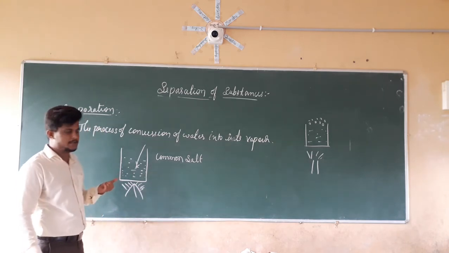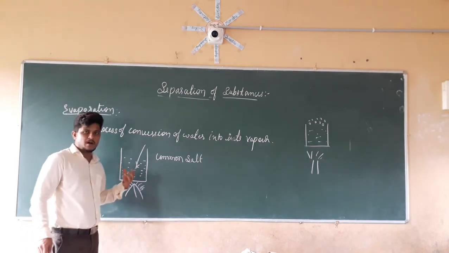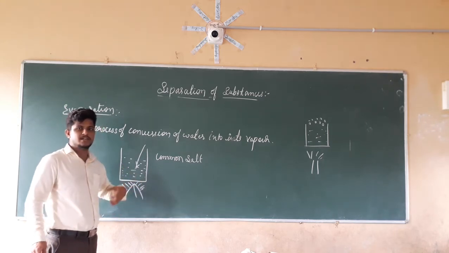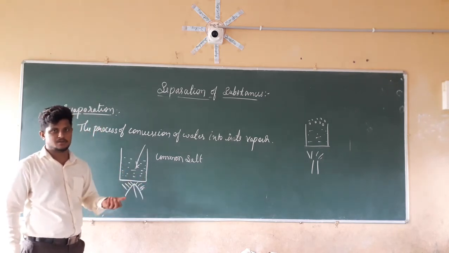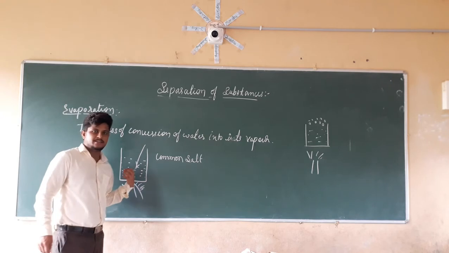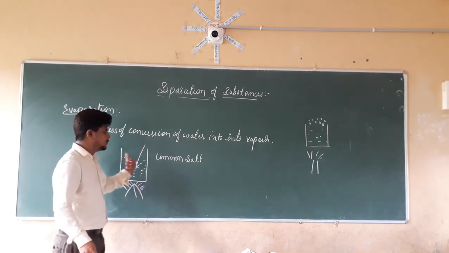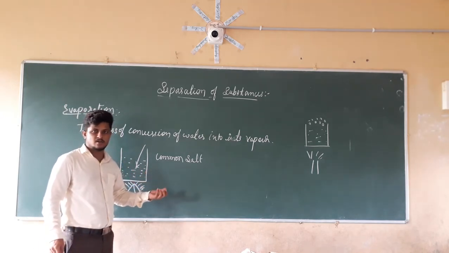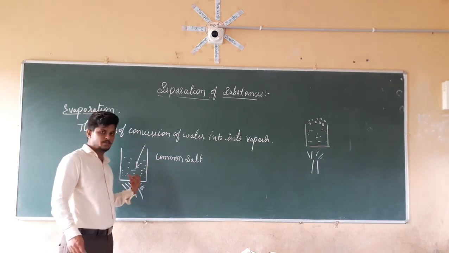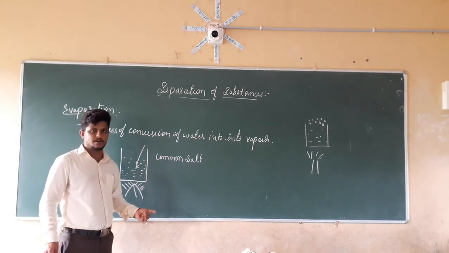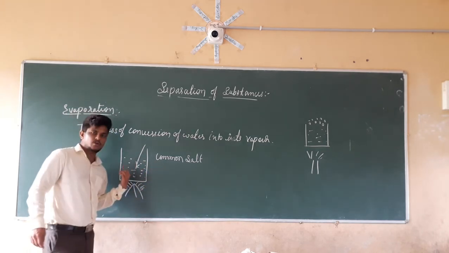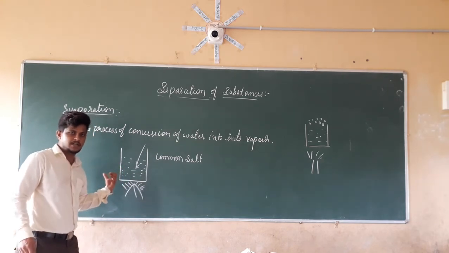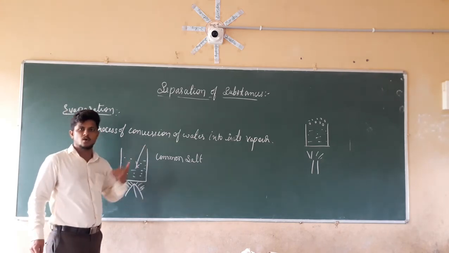Because of the evaporation, the water is converted into gaseous molecules. So what will remain there? The essential component present in that mixture, common salt. That common salt is going to remain in the container after the evaporation of the water.